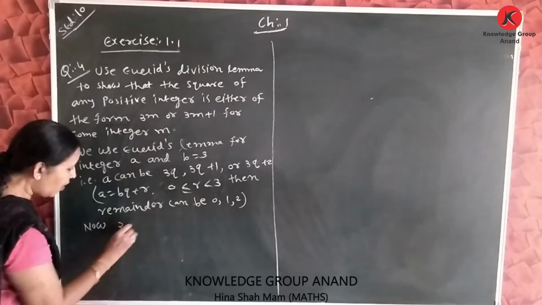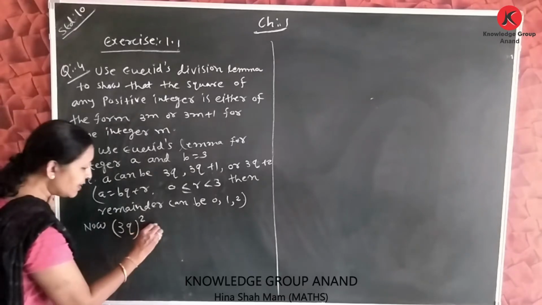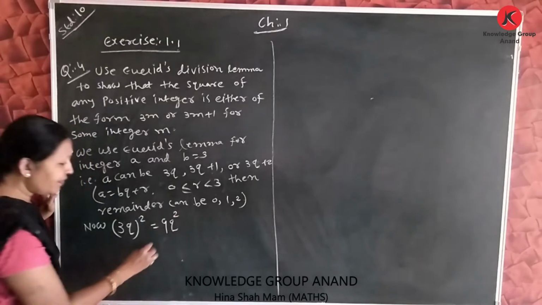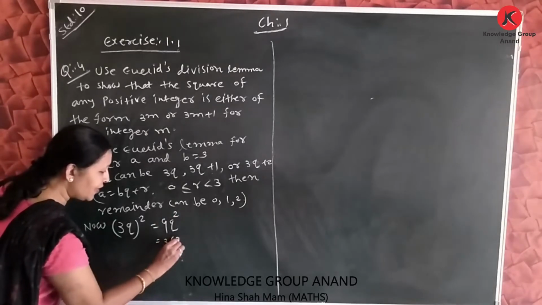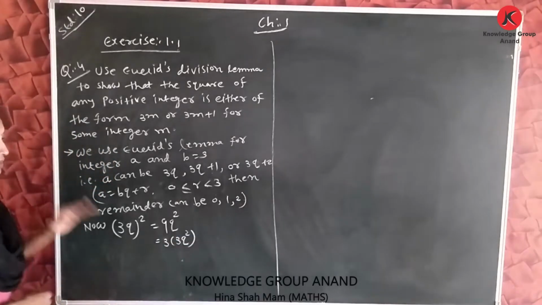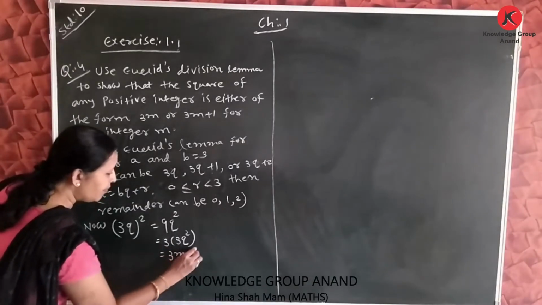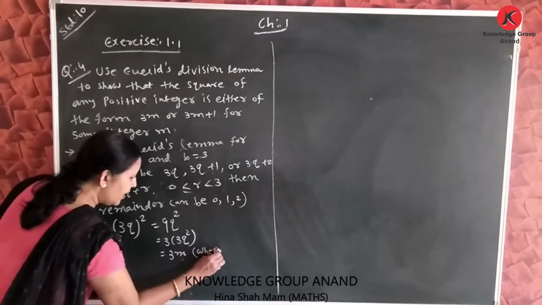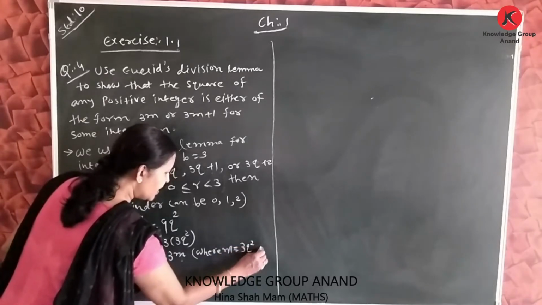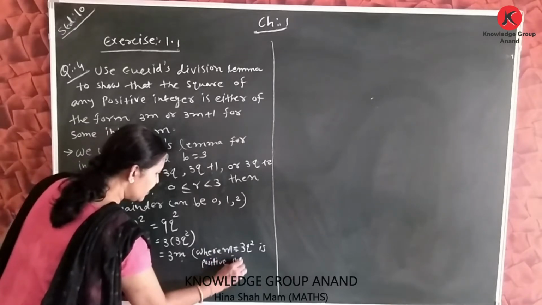Now, 3q square of any positive integer. 3q whole square is equal to 9q square. Then we can write here 3 into 3q square, which is equal to 3m, where m is equal to 3q square, a positive integer.